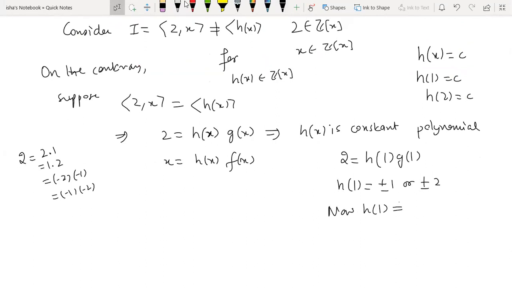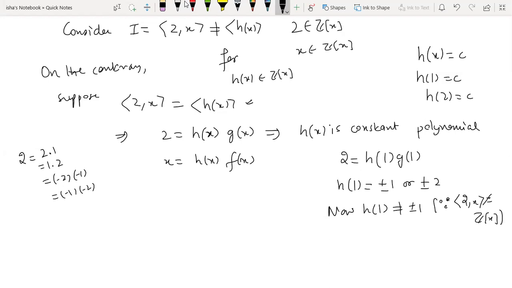Now h(1) cannot be equal to plus minus 1, because the ideal is being generated by the h polynomial. If the ideal is generated by a constant polynomial, and that polynomial is the unit element, 1, then in that case our ideal is going to be the complete Z[x], right?